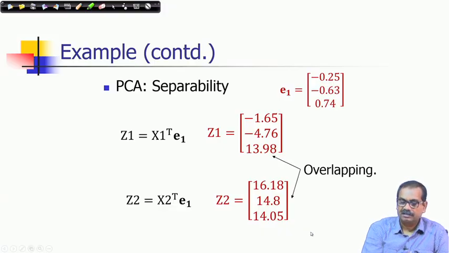So the separation is not as good. It is not really overlapping, but it is very close to that interval. This shows the utility of Fisher's discriminant analysis.